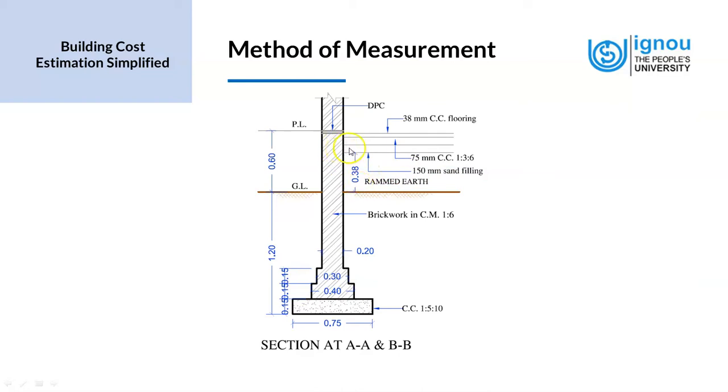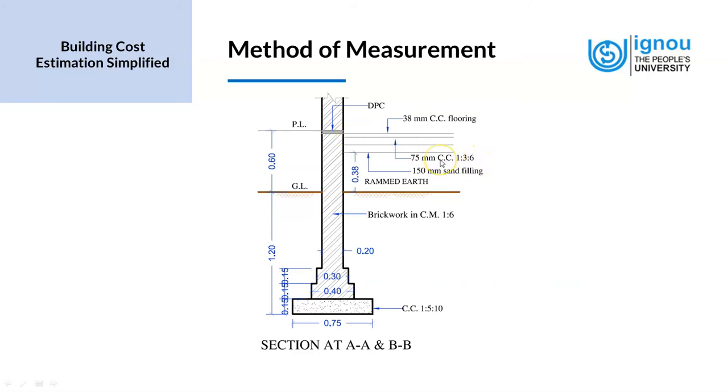And above that, we have one more layer of sand filling, right after the rammed earth, of 150 mm thickness. And above the sand filling layer, we have one more layer of cement concrete that is 75 mm thickness, in the ratio 1:3:6.